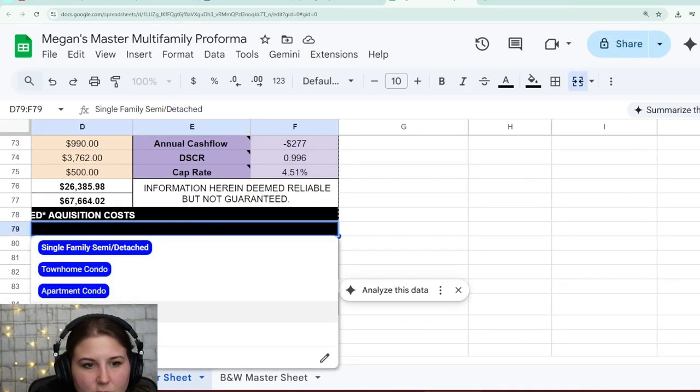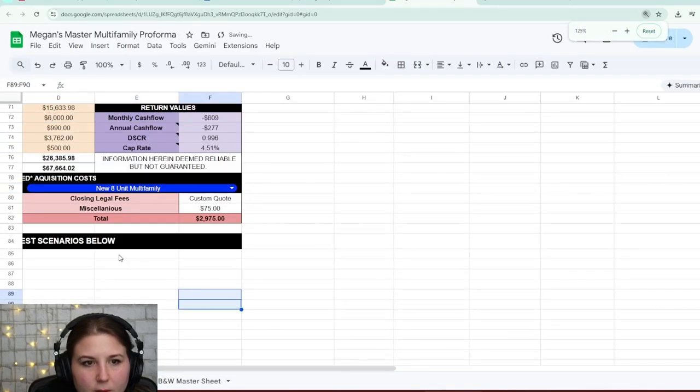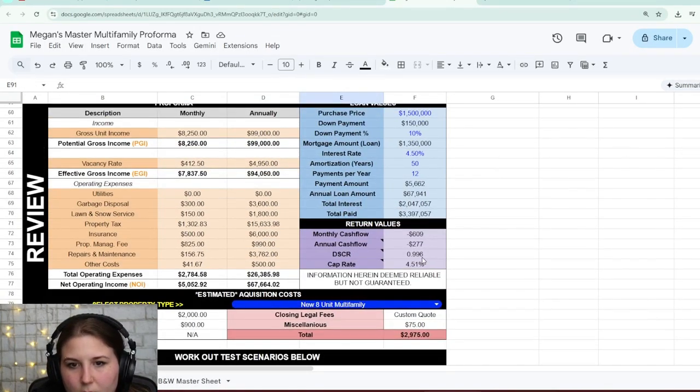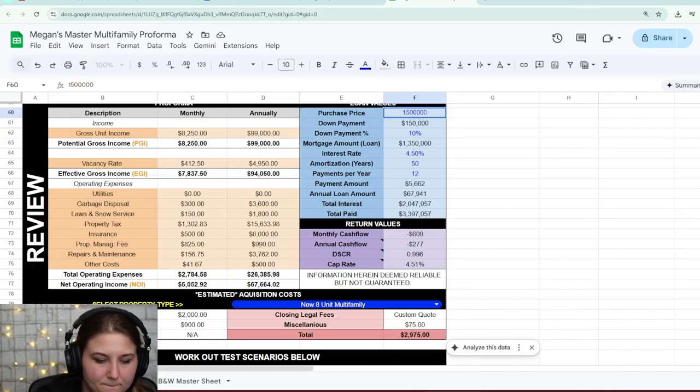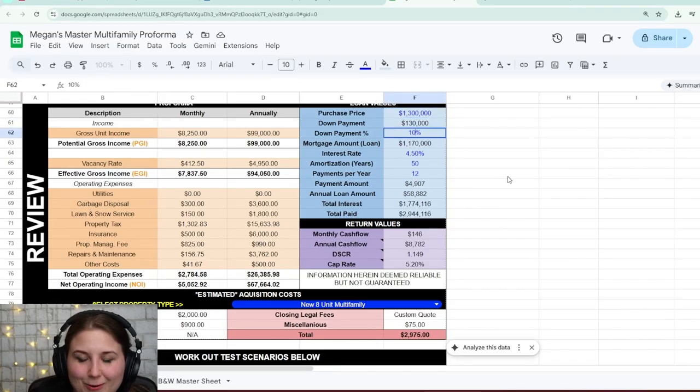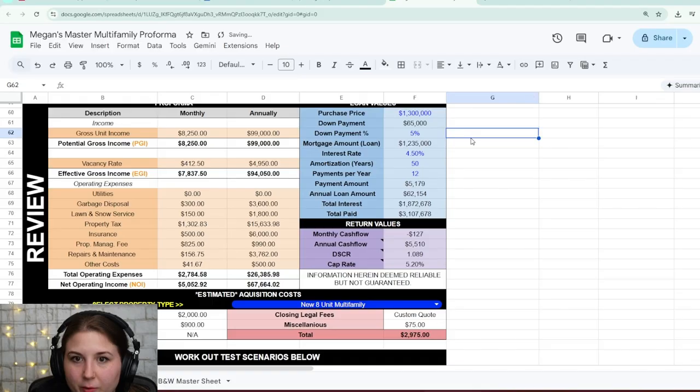Fun fact, you can actually get your closing costs figured out down here too. DCR. Okay, so it would work at 1.3, which you are obviously not getting without upsetting the builder.